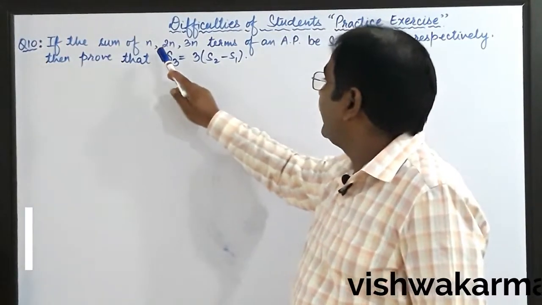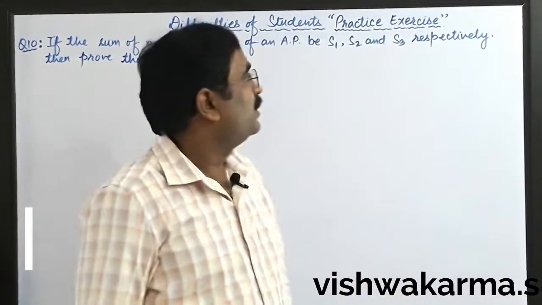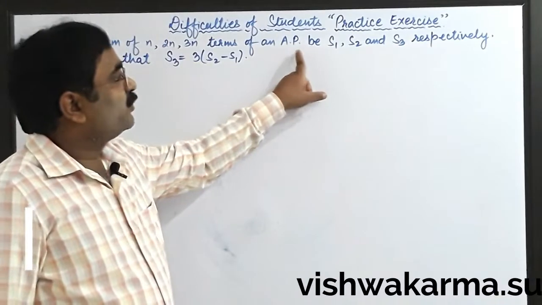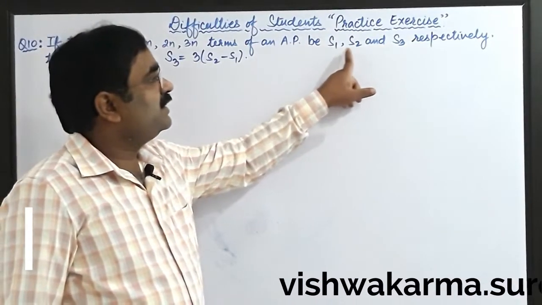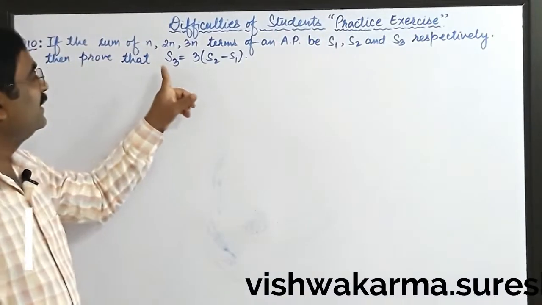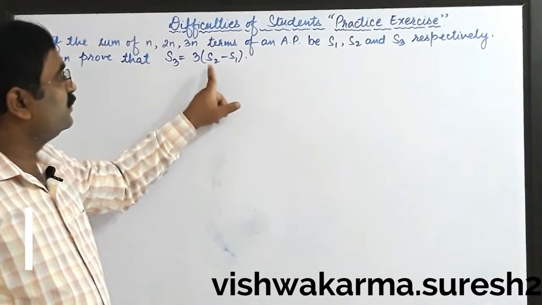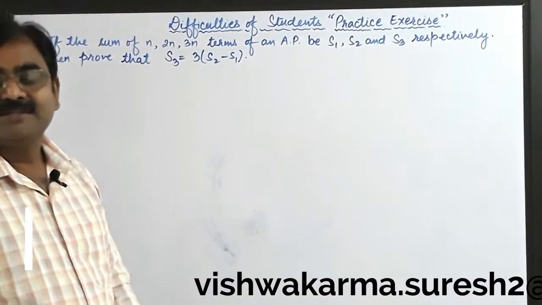if the sum of n, 2n and 3n terms of an arithmetic progression be S1, S2 and S3 respectively, then prove that S3 equals 3 into S2 minus S1.